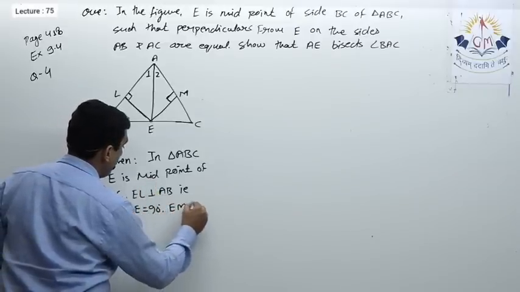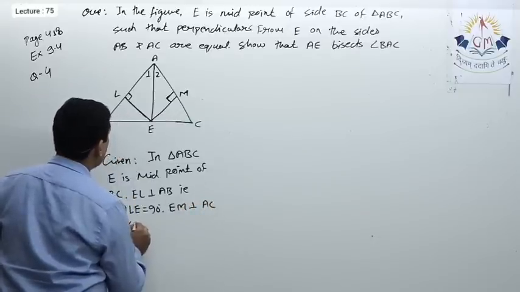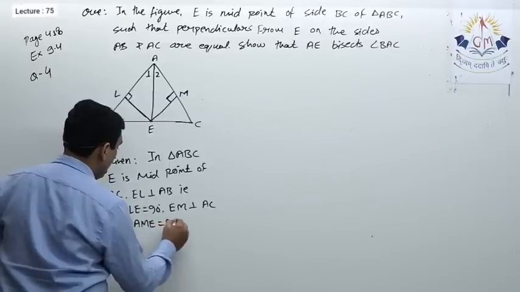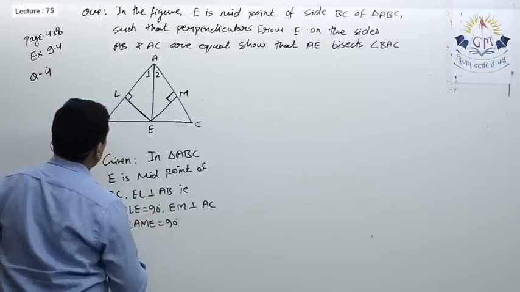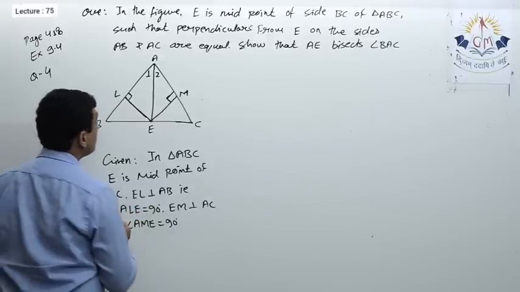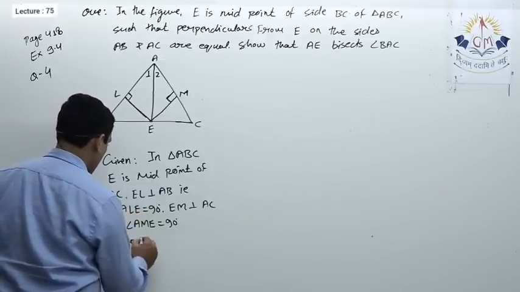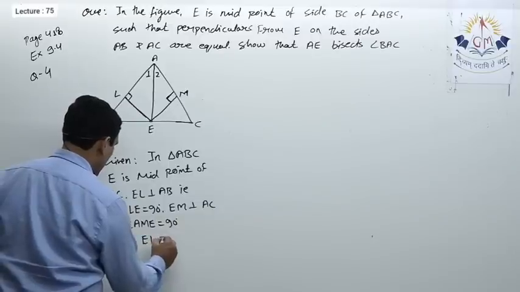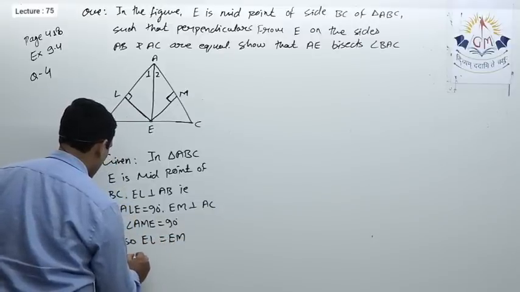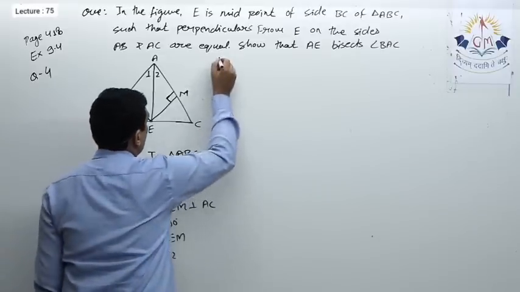EM perpendicular to AC, that is angle AME is equal to 90 degrees. These things are given. One more thing is given: EL is equal to EM. To prove: angle 1 is equal to angle 2.